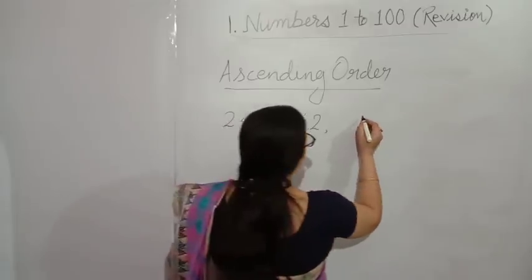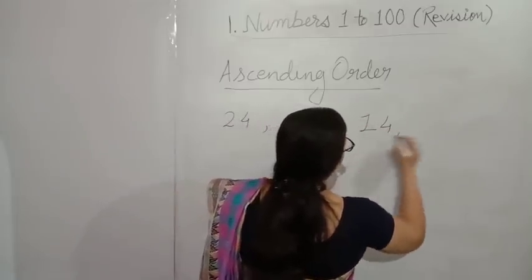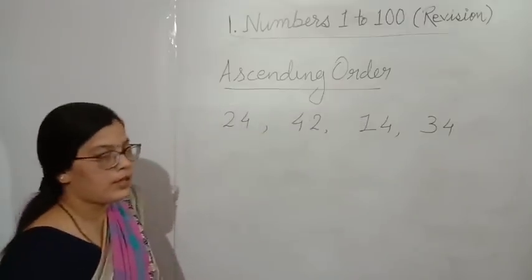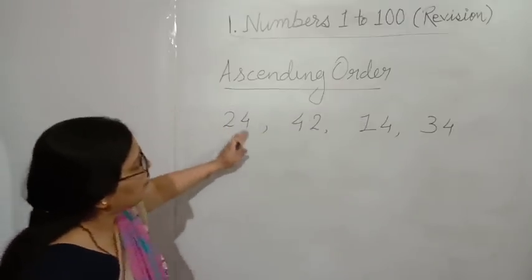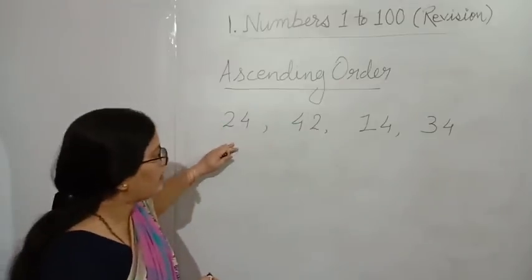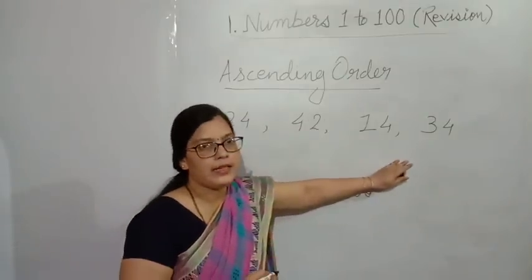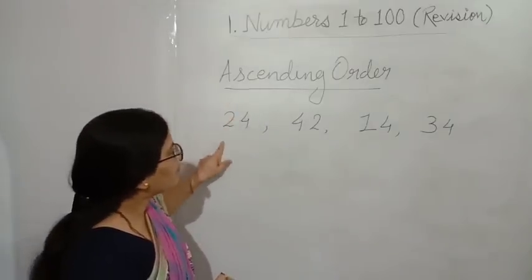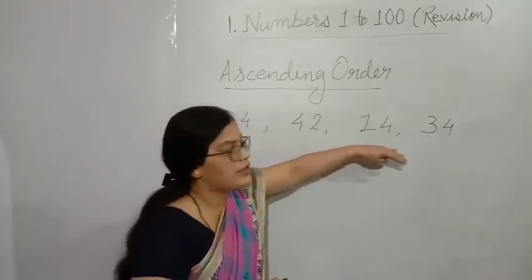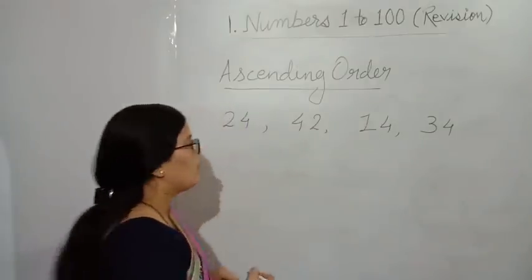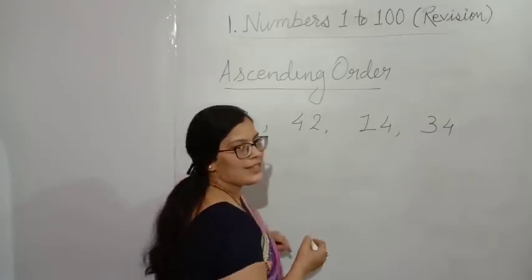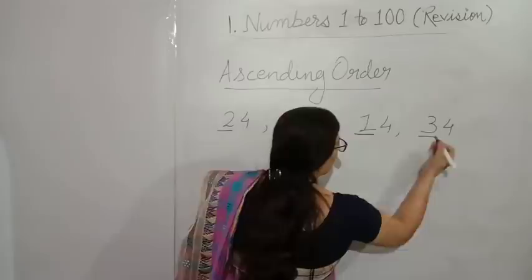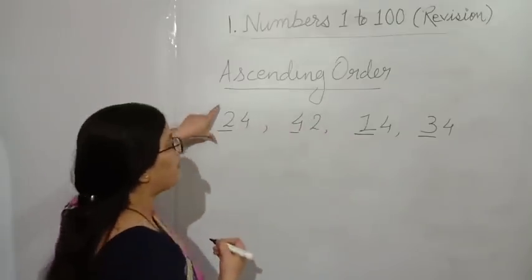I am taking these numbers. I have taken these 4 numbers. Now you have to arrange this group of given numbers from smallest to biggest, that is in ascending order. First of all you have to find out which number is the smallest one. To compare the numbers, first we compare the highest place.